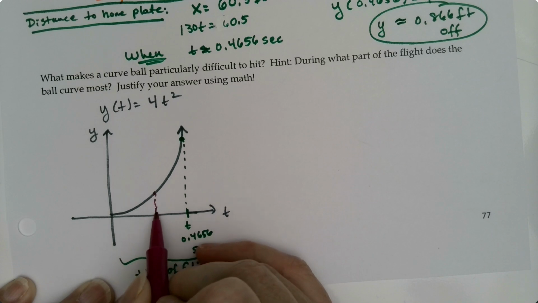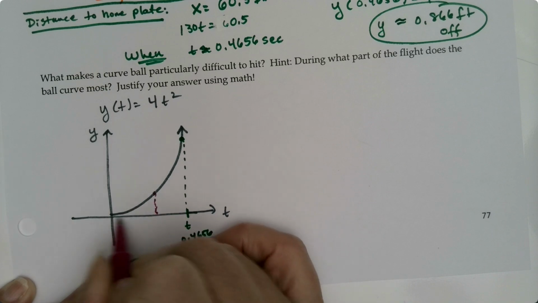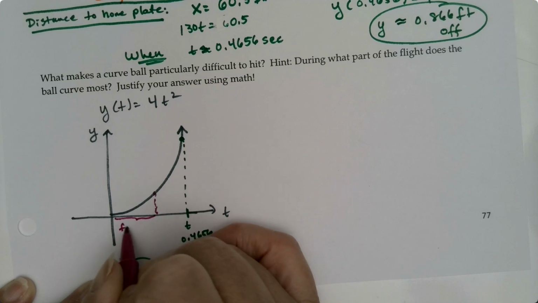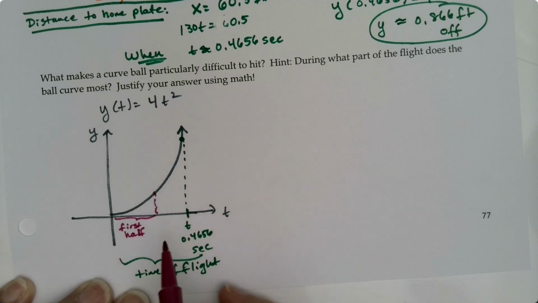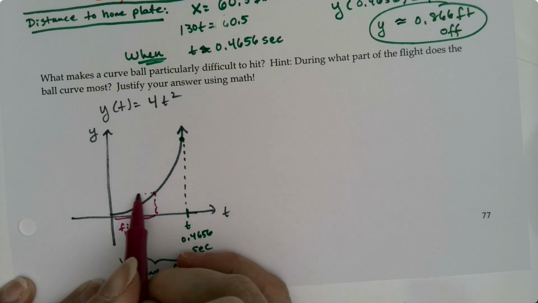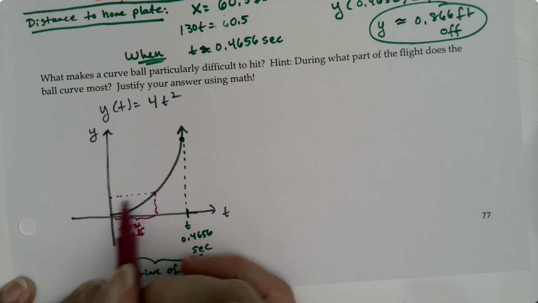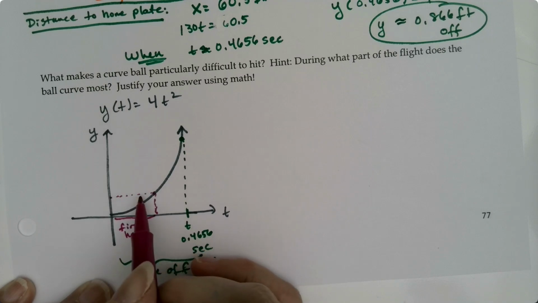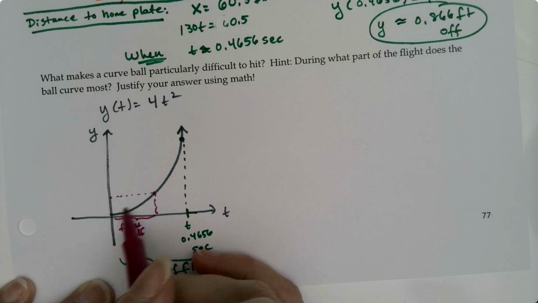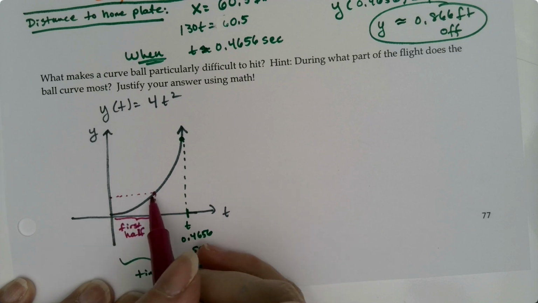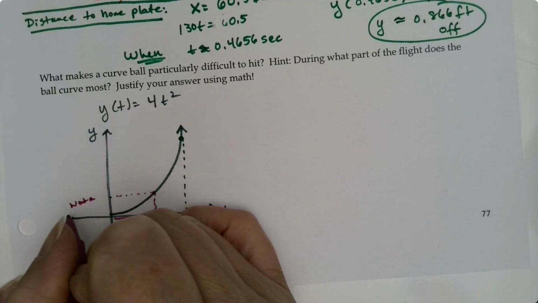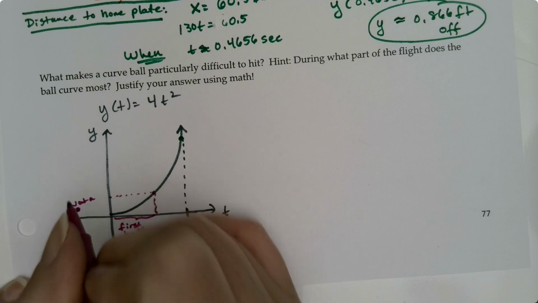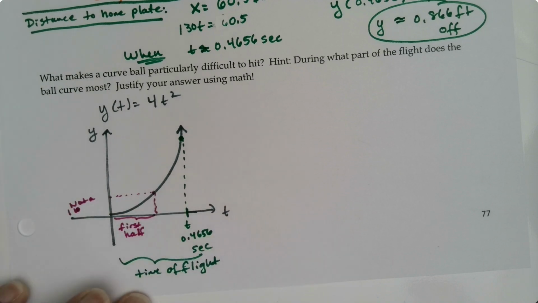So here's the first half in terms of time. So the first half of the pitch as the ball is sailing, so the first 0.25 seconds, you can see that there's not a lot of curve there, right? It's kind of close to what a straight line would be. Not perfect, but there's not a lot of concavity, it's not a lot of arch to it.